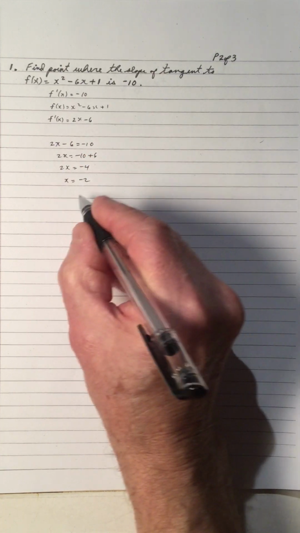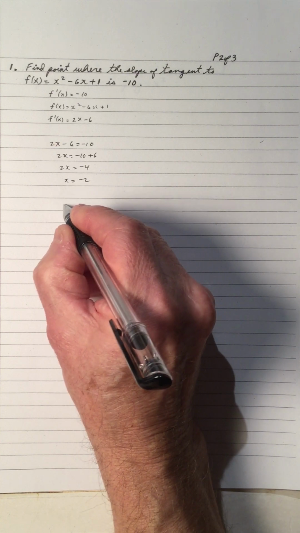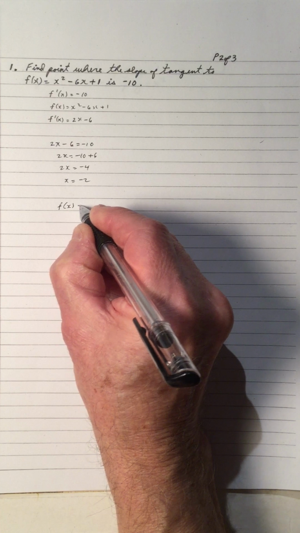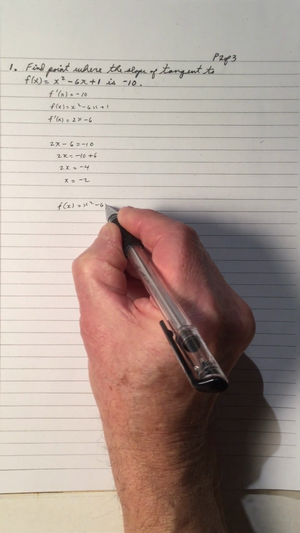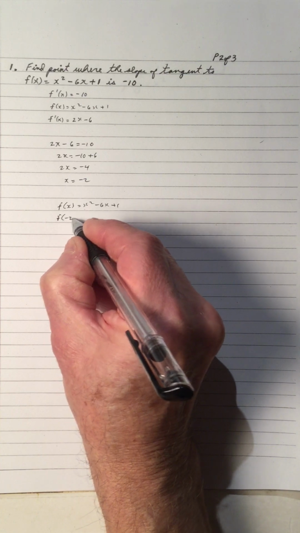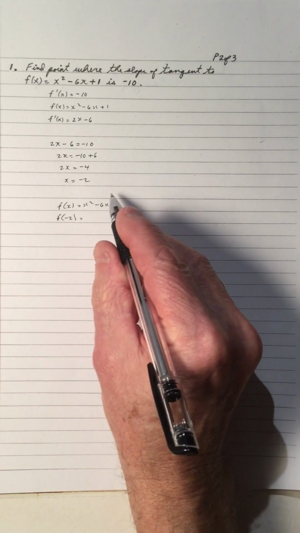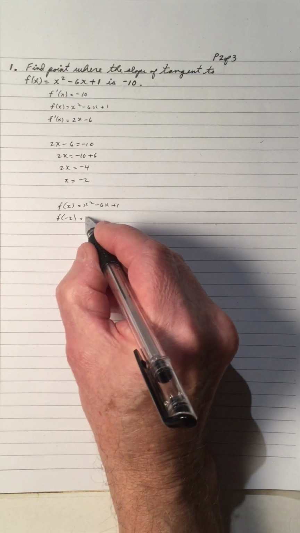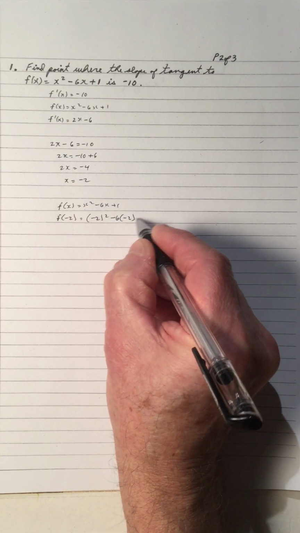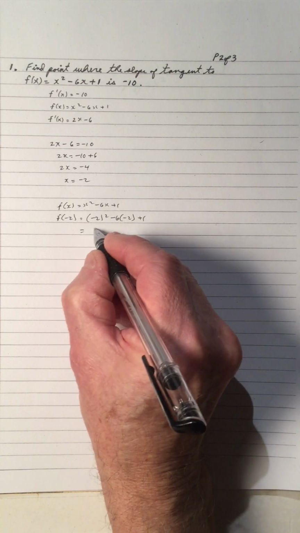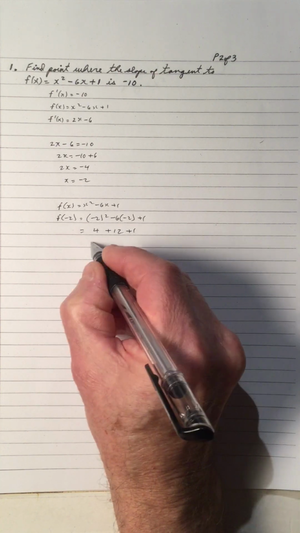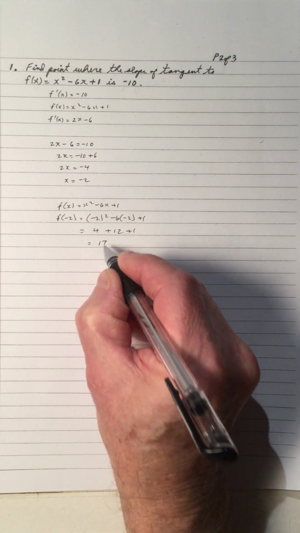So at x equals negative 2, let's take f of x, the parabola, and sub in negative 2, and that'll give me the point on the parabola. So when x is negative 2, sub negative 2 in, and that gives us 4 plus 12 plus 1. 16 plus 1 is 17.